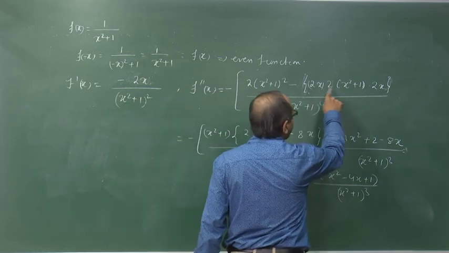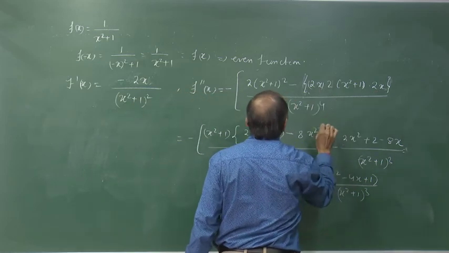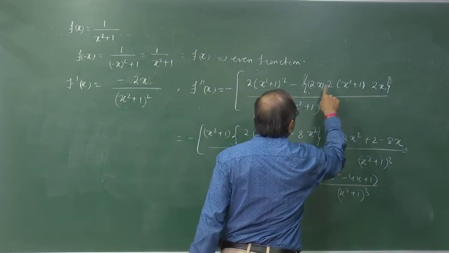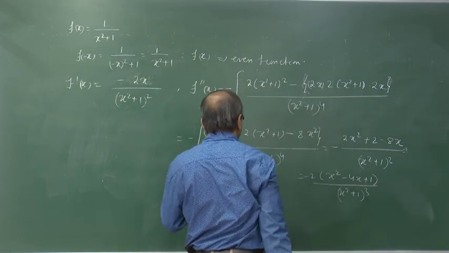No, it is 2x into 2x, it is x square, okay, 2x into 2x, 4x into 2x, 8x square.